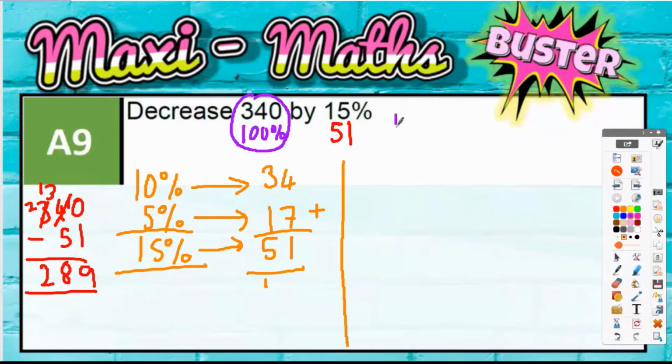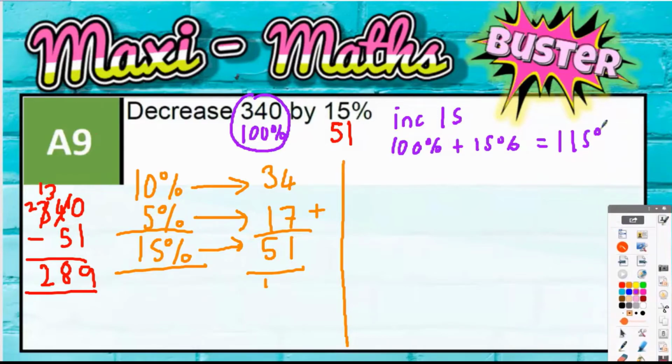So if we were increasing by 15%, we would do 100% add 15%, which is 115%. And then you move your decimal point, which is at the end of the number, in 2 places to get what's called the multiplier. 1, 2, so that would be 1.15.